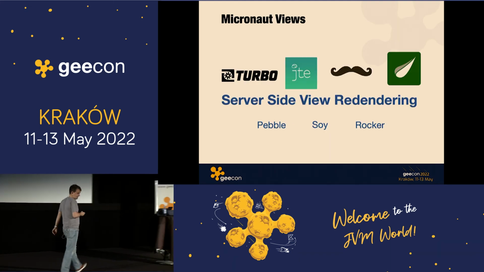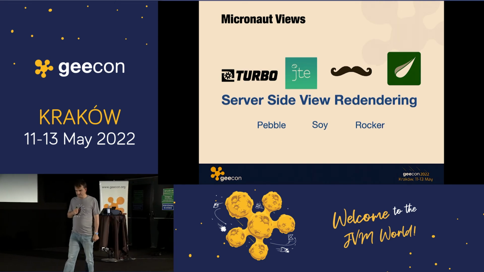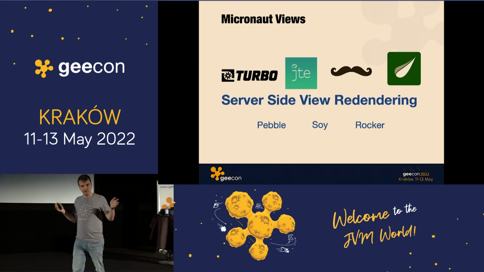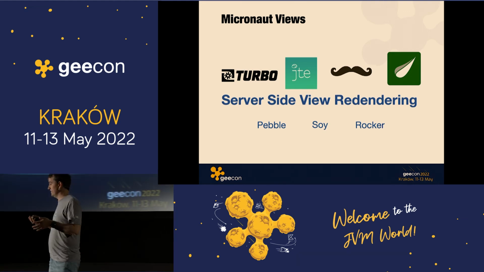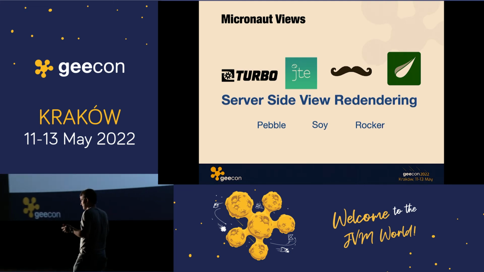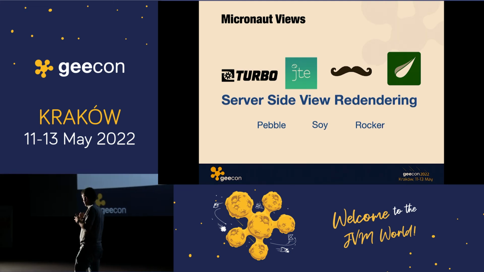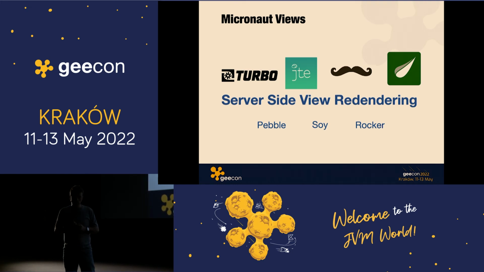See, my clicker works. This is something I am really excited about. Micronaut is a foundation framework. You can build microservices, but if you don't want to, and for many scenarios you probably don't need to, if you want to write a monolith and you want to render server-side HTML or server-side templates for emails or things like that, we have great support for server-side view rendering.